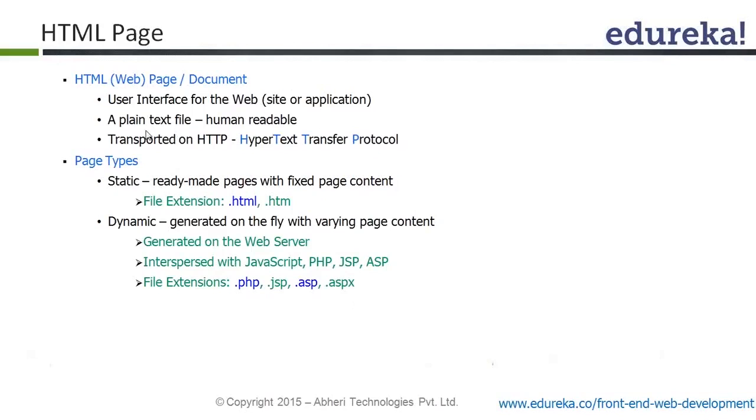Then you may be wondering, what is an HTML page? An HTML page is just a plain text file. It's human readable. We'll start writing HTML code immediately after these slides. Generally, these HTML web pages are transported using the protocol HTTP. HTTP stands for Hypertext Transfer Protocol. This HTTP protocol runs on top of TCP/IP.